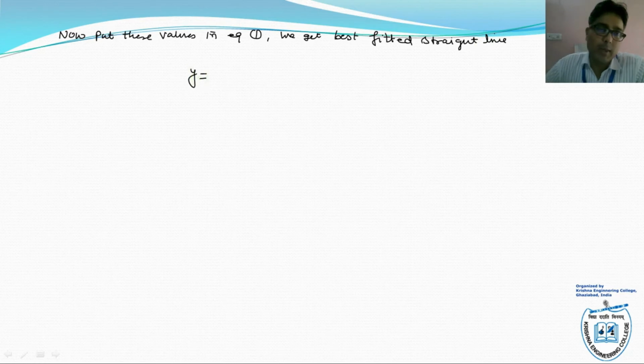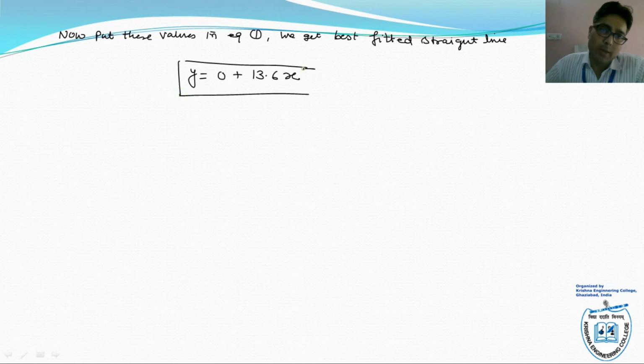Y is equal to a, the value of a is 0, the value of b is 13.6 into x. This is the required best fit straight line, clear? The required best fit straight line.